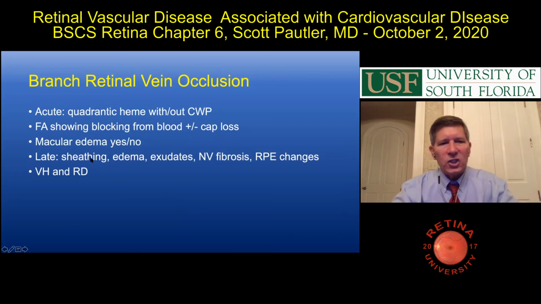So if you see sheathing and attenuation of the veins and the artery in the supratemporal quadrant, a lot of people think, oh, this might have been an old artery occlusion. It's usually a vein occlusion when you see that kind of sheathing. You may have some persistent edema. You may have exudates, and of course, complications of neovascularization, which might fibrose. You might have tears and detachments, vitreous hemorrhage as a result of that.